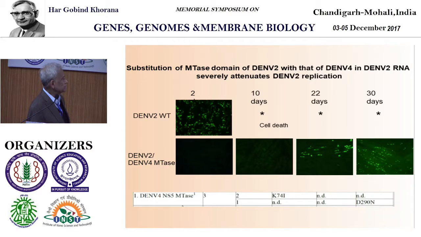Twice, we got this K74 isoleucine, and in the third case, there was a mutation in the NS3. This K74I was in the methyltransferase domain of dengue type 4, and this mutation occurred in the NS3 RNA helicase, so there is an interaction and communication between the methyltransferase domain and NS3 during replication.